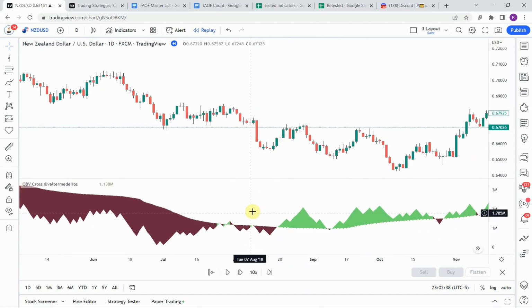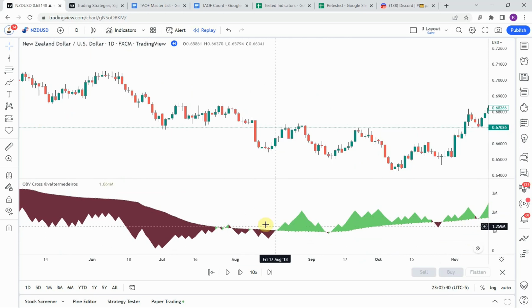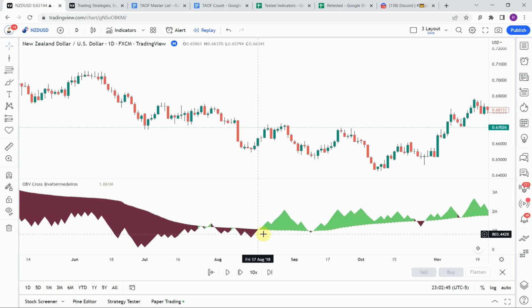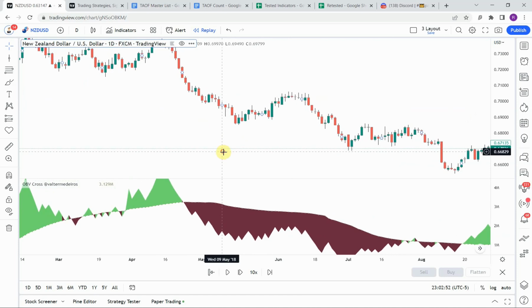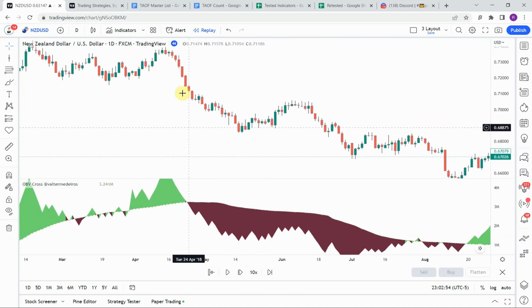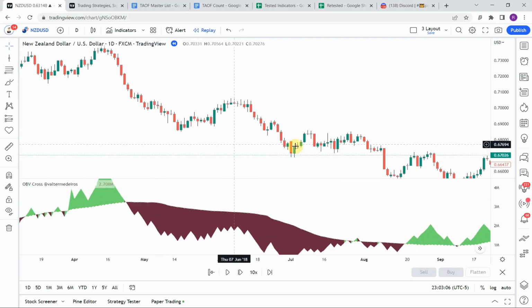You can see how as volume increases to the upside in an uptrend, we get these punches above the dotted line in green. And as volume is decreasing and a downtrend is forming, we get the mountains to the downside of that dotted line in the dark maroon, purplish color.